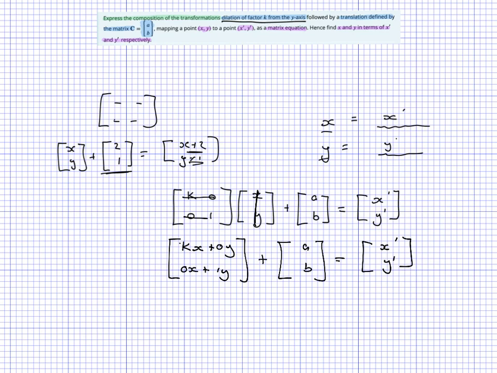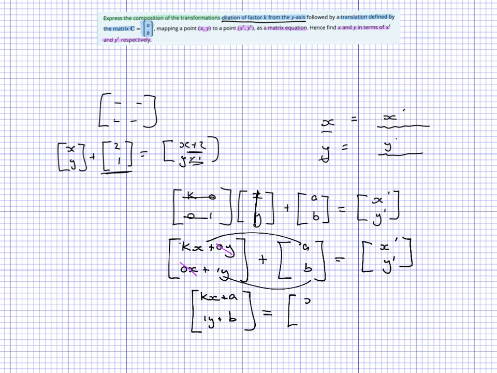All right, so then I'm going to drop off the zeros there because they make no difference, and I'm going to add the two matrices then. So it's going to be kx plus a translation A and 1y plus a translation B, because you remember addition and subtraction of matrices just happens position to position.